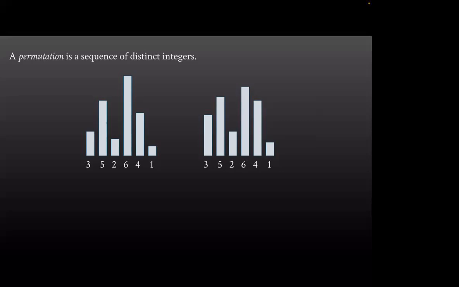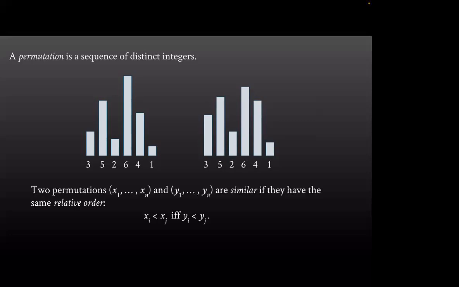And if for two such sequences we get the same permutations, we say that these two permutations are similar. Okay, so two permutations are similar if they have the same relative order.